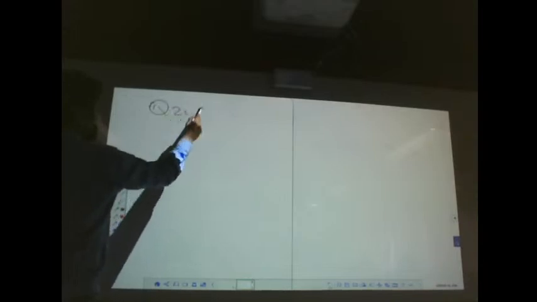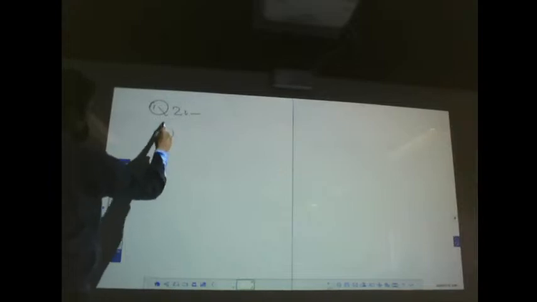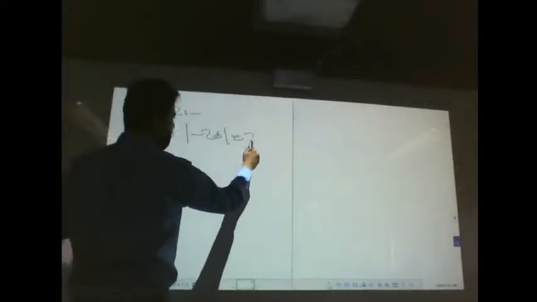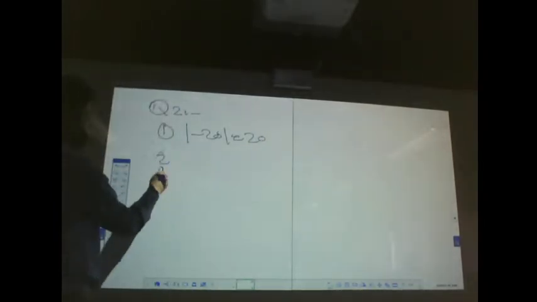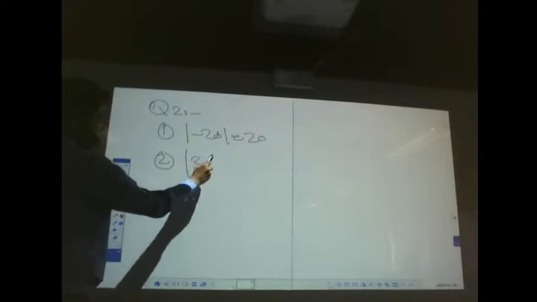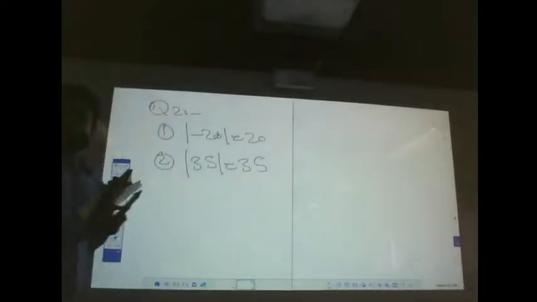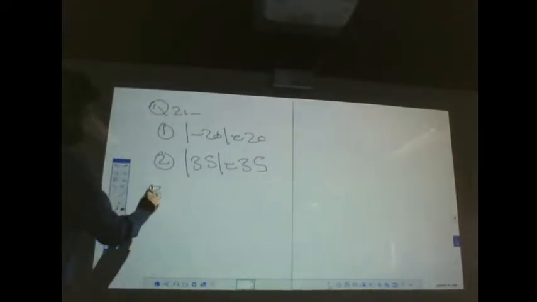Now next, question number 2. What we have to write? We have to write the absolute value. So number 1, it is minus 20, which equals 20, right? Question number 2. Absolute of 35 equals 35, right? Question number 3.